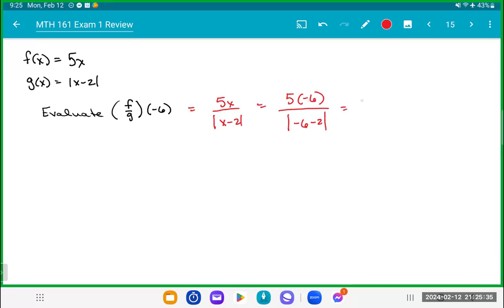So that is negative 30 divided by the absolute value of negative 8, which is negative 30 divided by 8. So that is negative 15 divided by 4. You'll want to make sure to simplify as much as you can so you don't lose a point. Okay, questions?